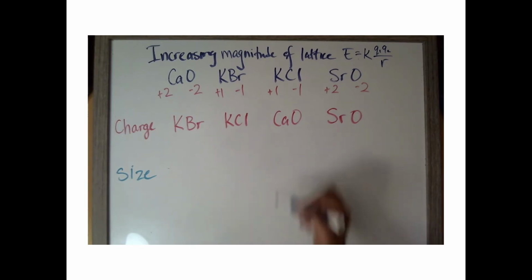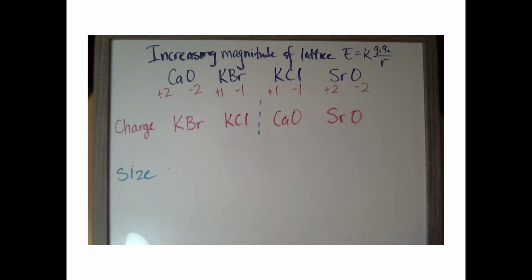Okay, so now what we're going to do is divide this in half and look at each pair one by one. So KBr, KCl. We don't need to look at the Ks because the potassium is going to be the same size. We're going to look at our halogens. So take out your periodic table and see where Br and Cl lie in column 7.